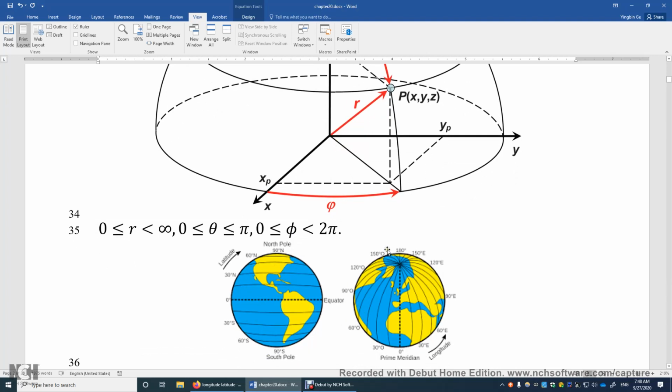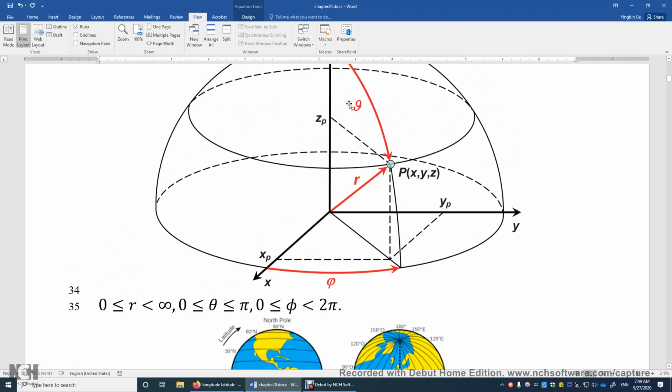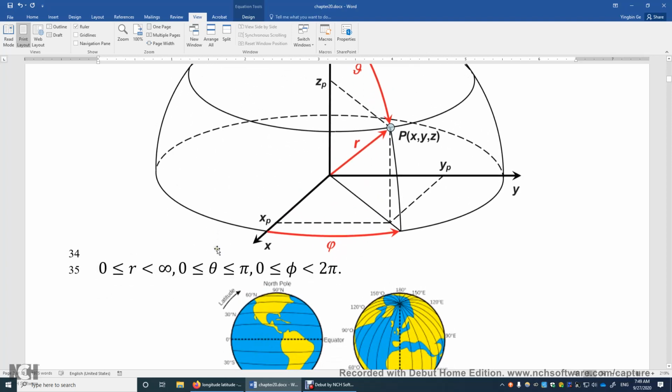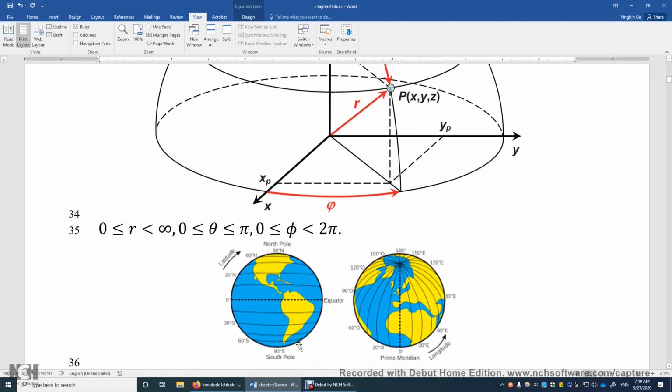What's the difference? In quantum mechanics, by convention, we say this theta is from 0 to pi with a range of 180 degrees. Well, if you look at geography, it's defined between North Pole, 90 degrees to 0, the equator, and then between the equator, 0 to South Pole, 90 degrees.